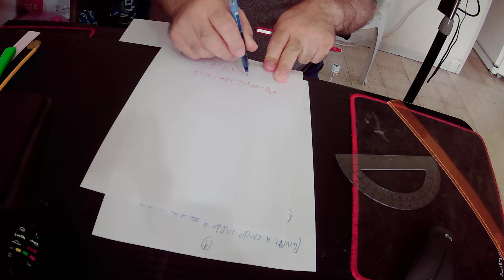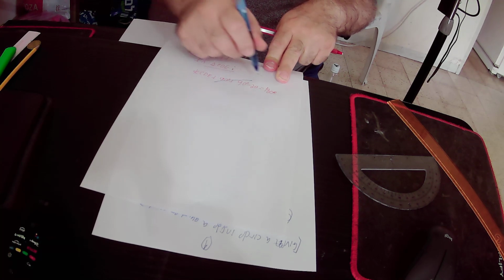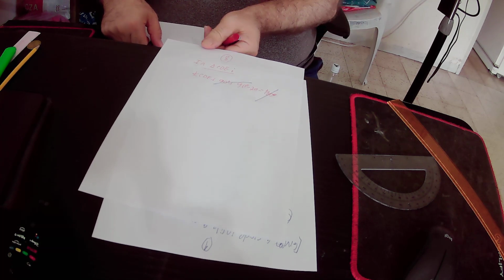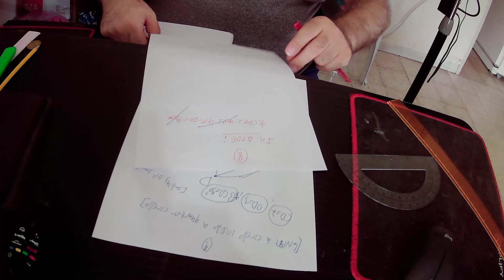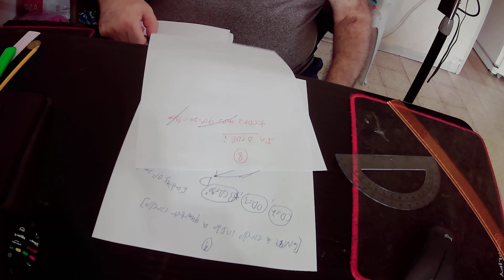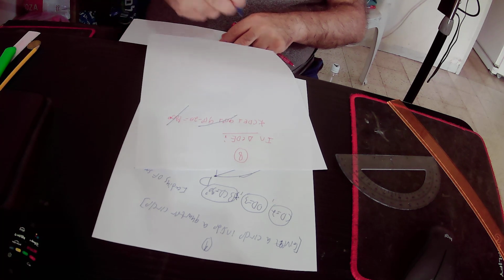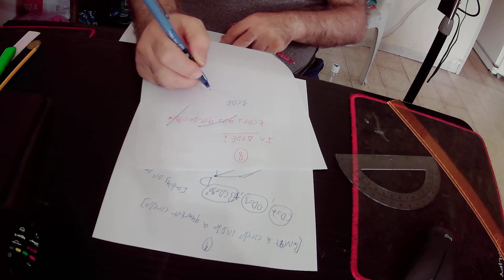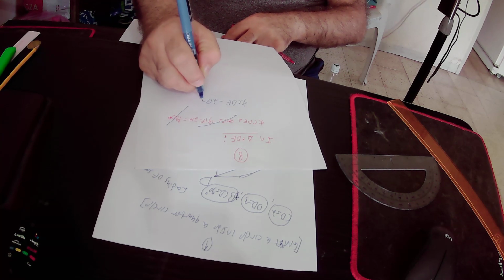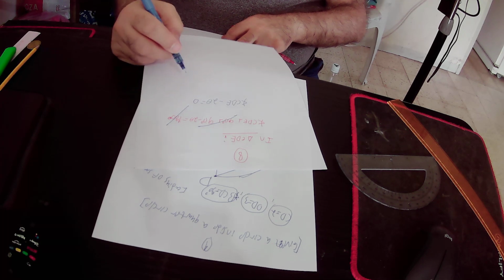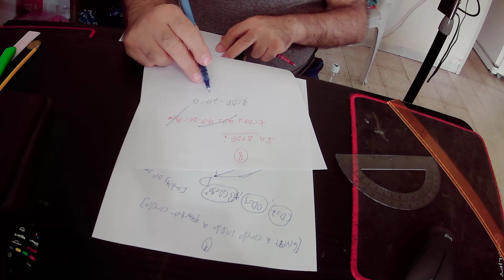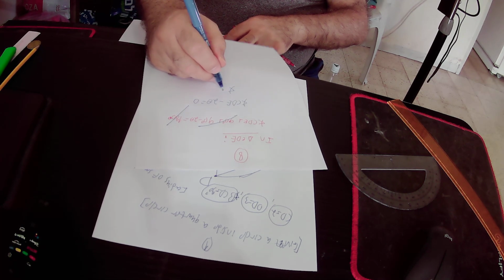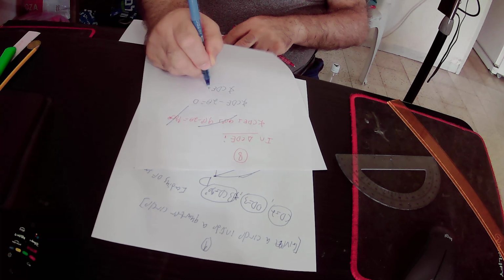So 180 degrees will be cancelled, and what is left is that angle CDE minus 2 theta equals 0, and if we add 2 theta to this equality, we will get that the size of angle CDE is actually 2 theta.